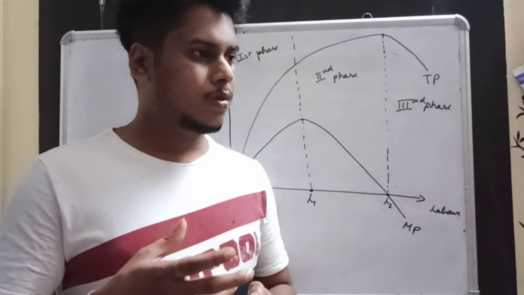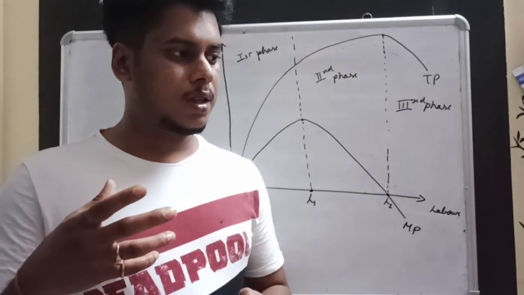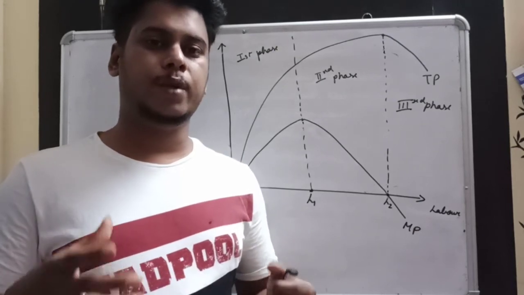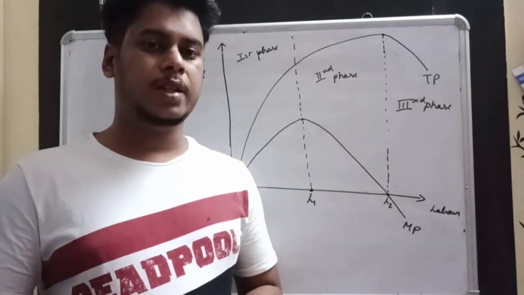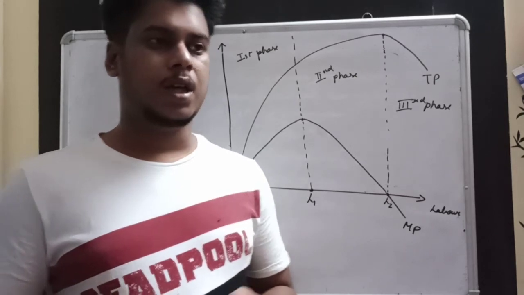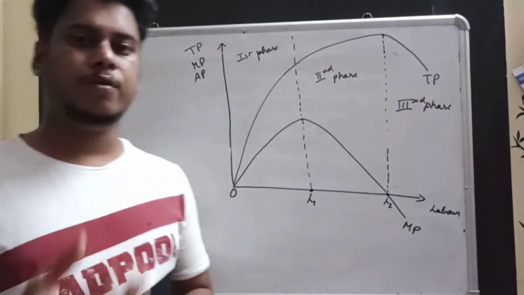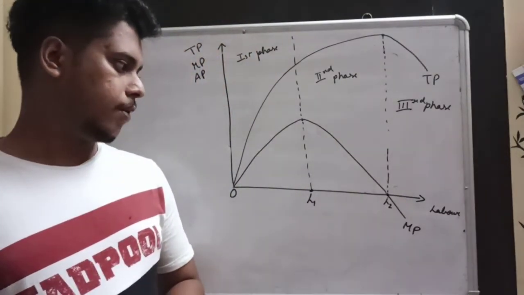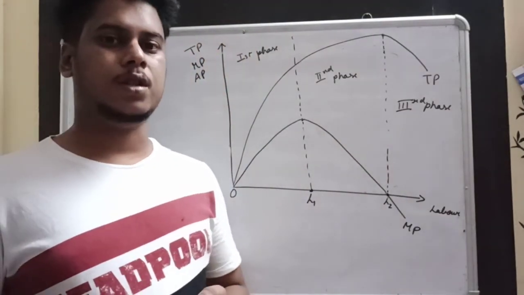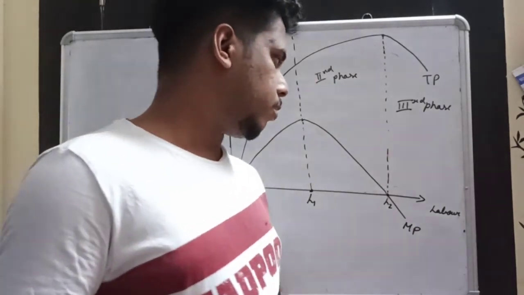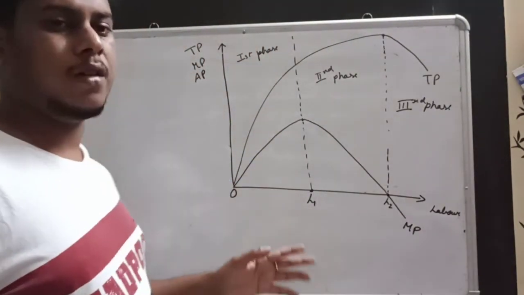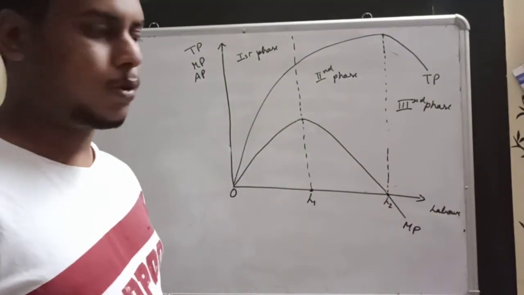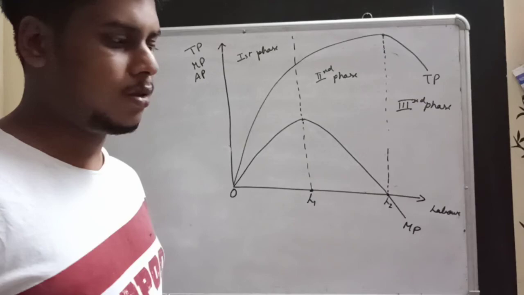Okay, now the labor force or the variable input force has become so large that managing them has become impossible, and in spite of giving us benefit in production, they are rendering us losses. Okay, so there are several factors through which you can explain the three phases of the law of variable proportion, and mainly it exists in the short term.